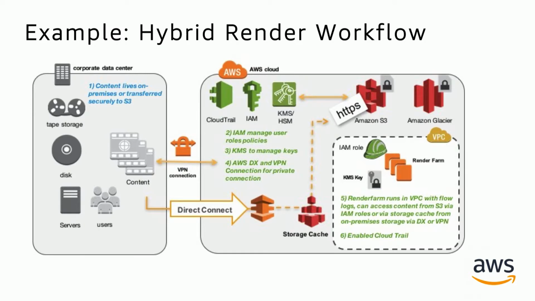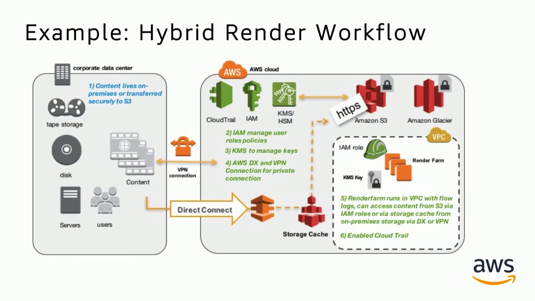Hybrid render workflow. So this is more like a decorated form of the very first slide that I showed, that was a hybrid render workflow, right? So in this case, again, you've got your on-prem with the Direct Connect. You are pushing content into the cloud, and then whether that sits in S3 or any kind of shared file system like EFS or anything else with a partner ecosystem that we have, you can use assume role on your render nodes to be able to read or write assets within AWS.